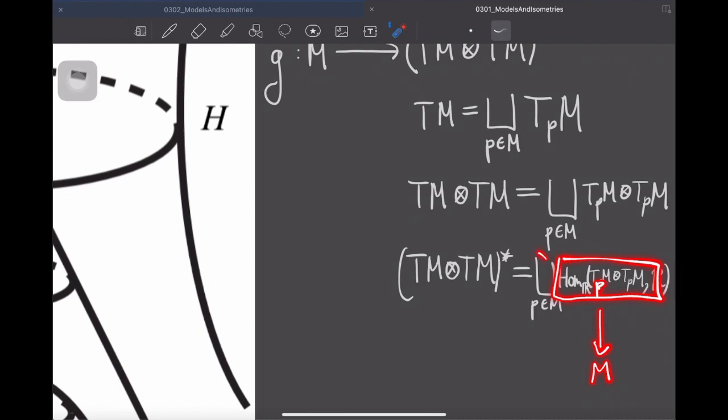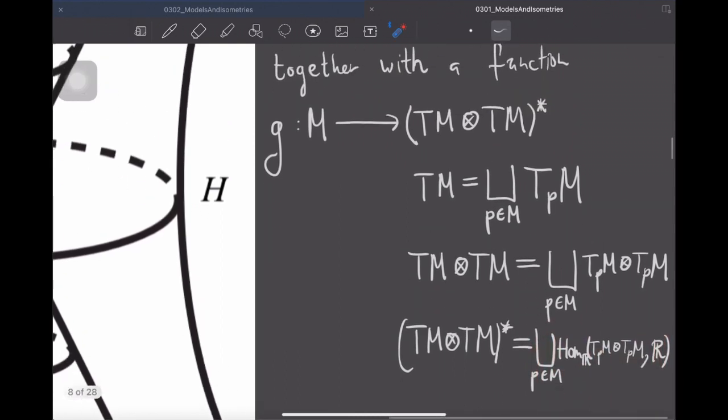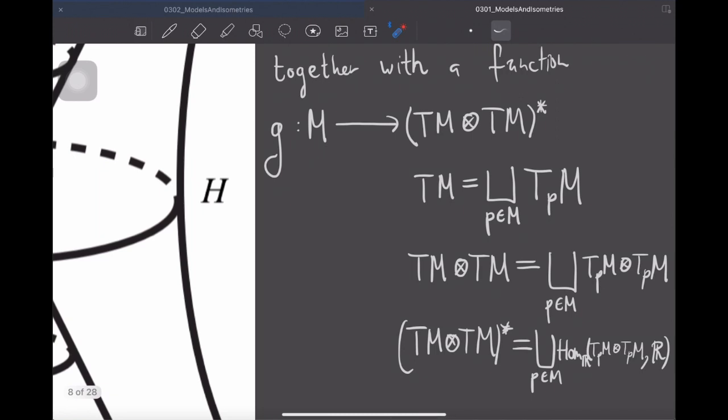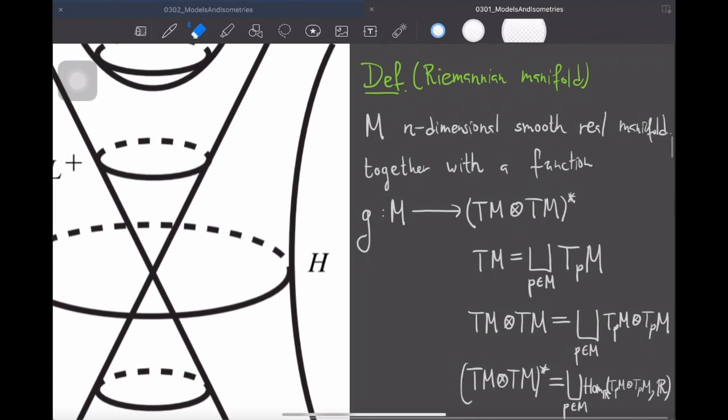So the projection to M is obvious, and what I really want is that at each point in M I have something that lives in the corresponding tangent plane. So I want the property that composed with the projection it gives me the identity of M. Right? So I want it to be a section.